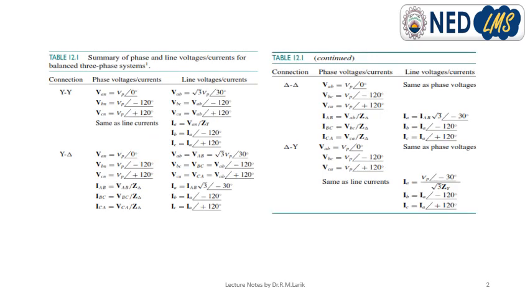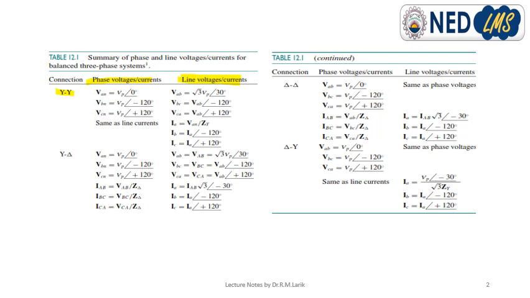Let's move to this summary, which shows all the connections of the YY system, the phase voltages and phase currents, and the line voltages and line currents. Start from YY.